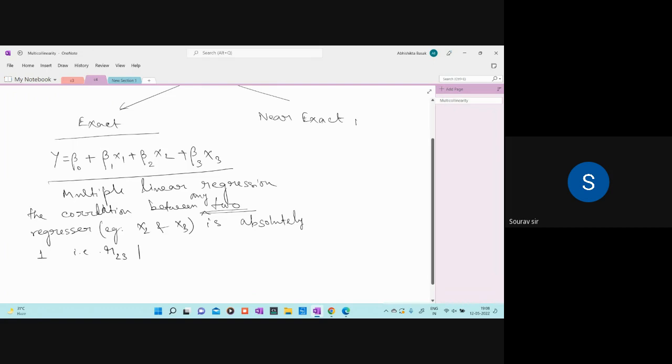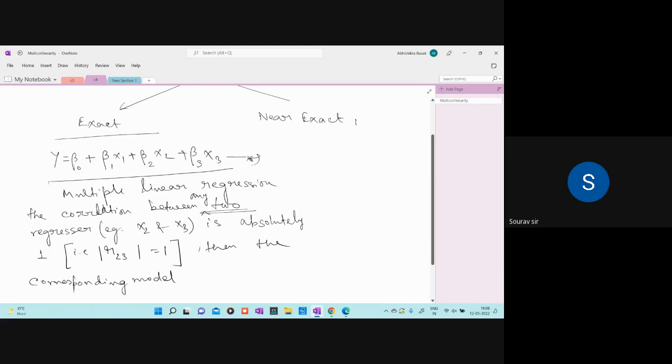In the correlation matrix, I wanted to see this thing, that is, the diagonals will be 1, or the off-diagonal element corresponding to 2 3 will be 1. Then the corresponding model, what is my model over here?